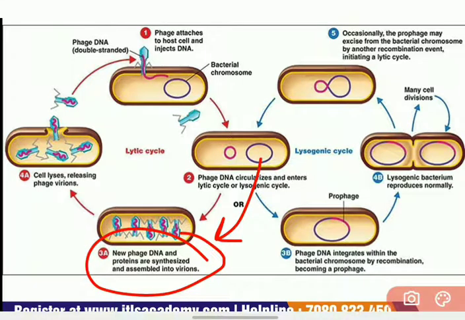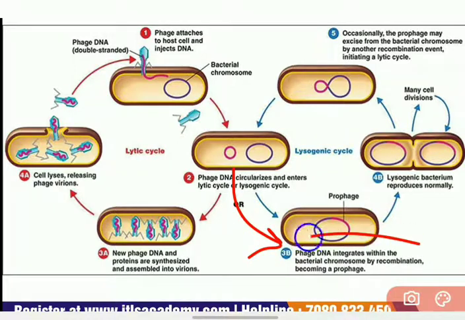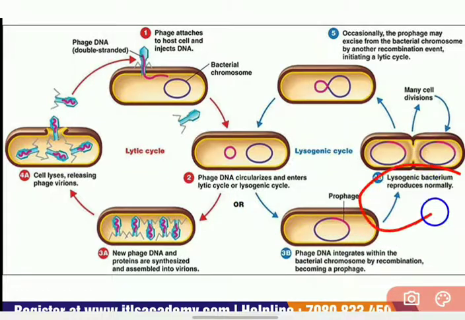If it decides to go into the lytic cycle, then new phage DNA and proteins are synthesized and assembled into virions. The cell lyses, releasing phage virions, and here the lytic cycle completes. And if the phage DNA goes into the lysogenic cycle, then phage DNA integrates with the bacterial chromosome by recombination, becoming a prophage. The lysogenic bacterium reproduces normally and divides and forms many cells.